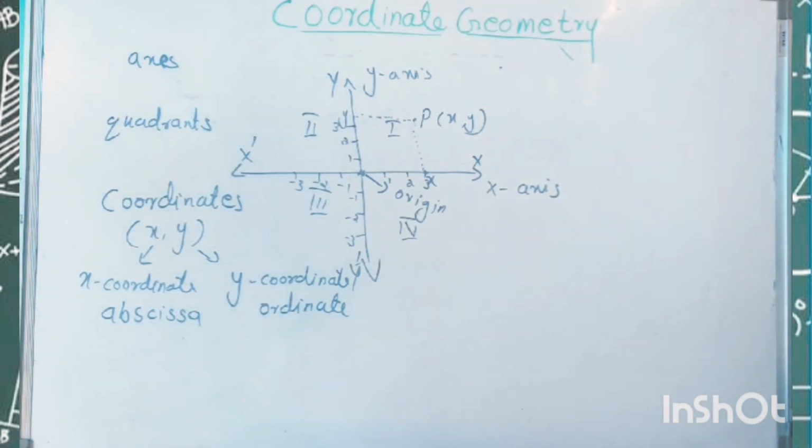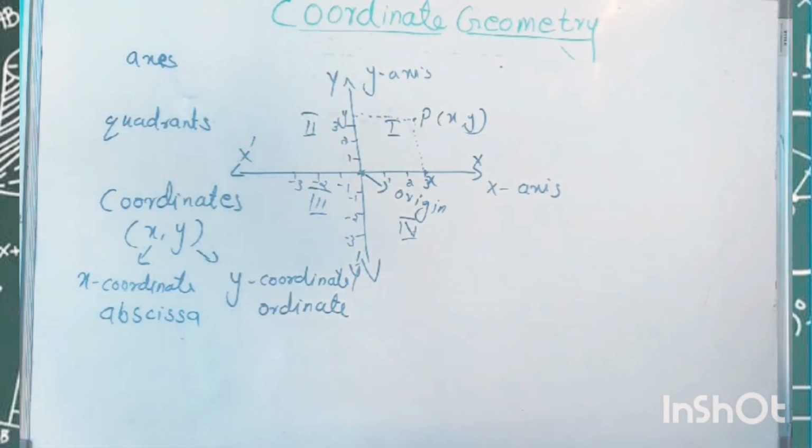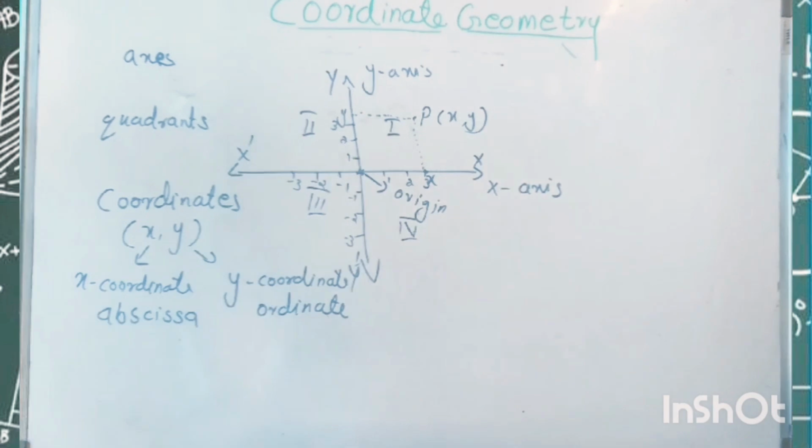To the left of the origin, we will have negative values on the x-axis. Above the origin, we will have positive values on the y-axis, and below the origin, we will have negative values on the y-axis.